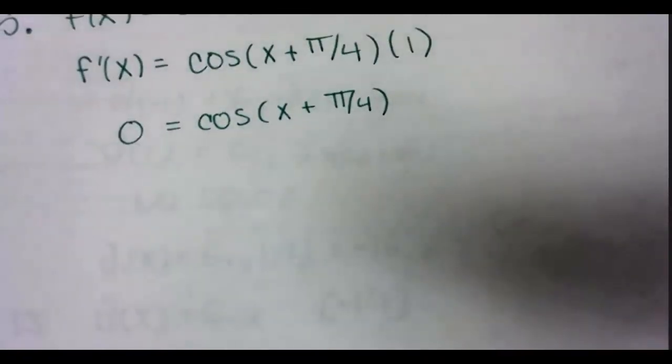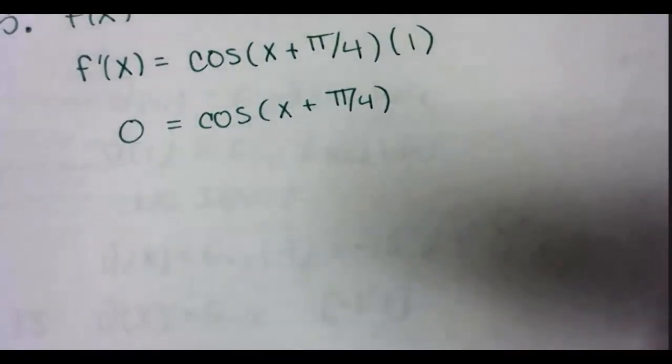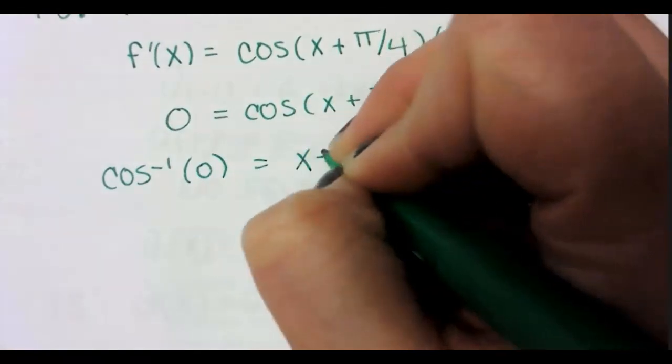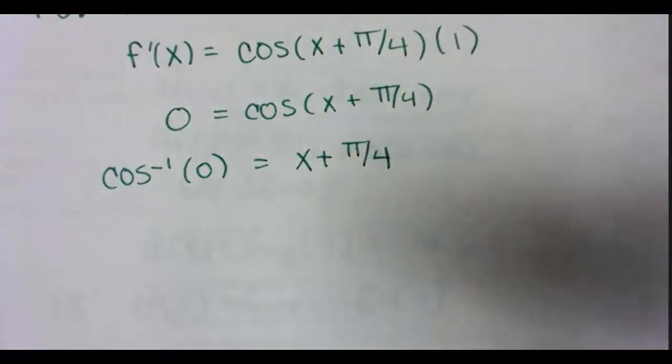And then what we have to do is find the zeros of this. So the question becomes, okay, when does the cosine of x plus pi fourth equal 0? So we have to use our inverse trig idea. So it's the inverse cosine of 0 equal to x plus pi fourths.